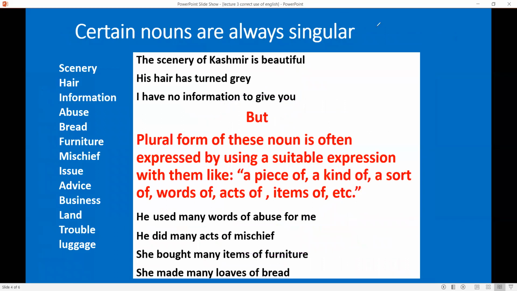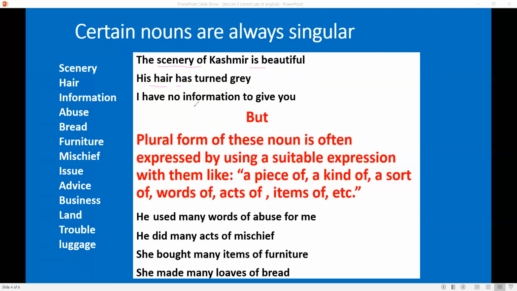Now there are certain nouns which are always singular, like scenery, hair, information, abuse, bread, furniture, mischief, issue, advice, business, land, trouble, luggage. The scenery of Kashmir is beautiful. Scenery, they are always singular. His hair has turned gray.